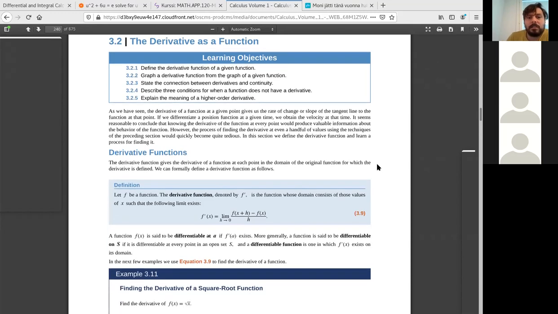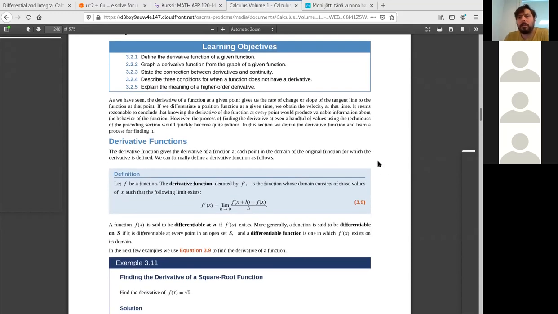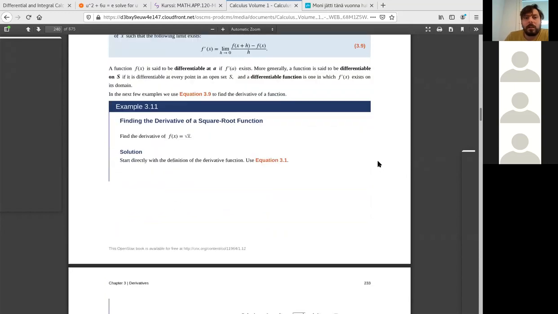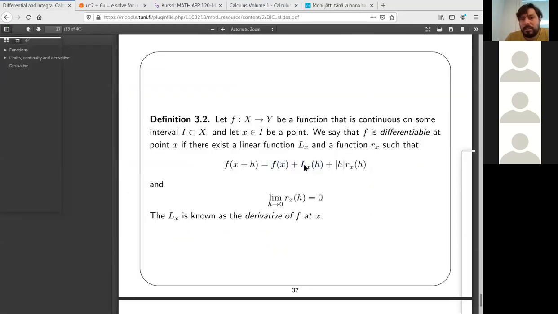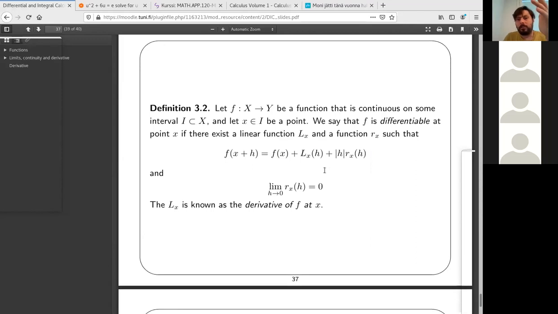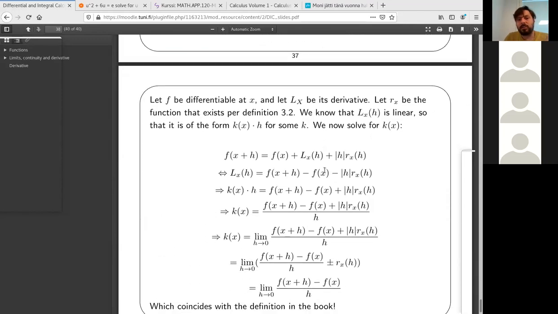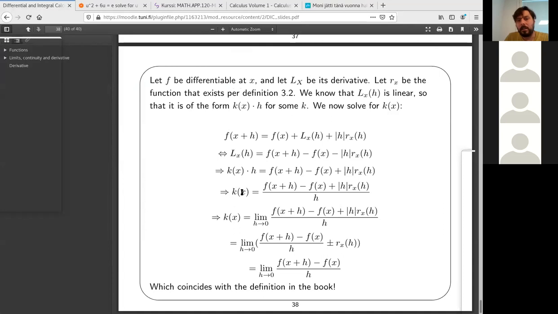We already discussed the derivative as a function a little bit, so let's just very quickly go through this. In my characterization, I had this L of x, h. You have to understand that's a little bit different from the derivative. If you want to find the derivative as a function here, then really the slope k of x, that's really the derivative.